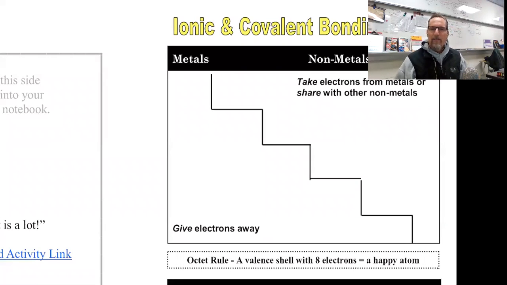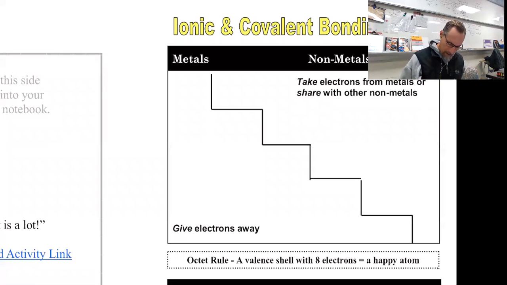Good morning. So in today's video, I would like to review a little bit on ionic and covalent bonding. Basically, when we're looking at ionic bonding, what we have is a metal bonding to a non-metal.